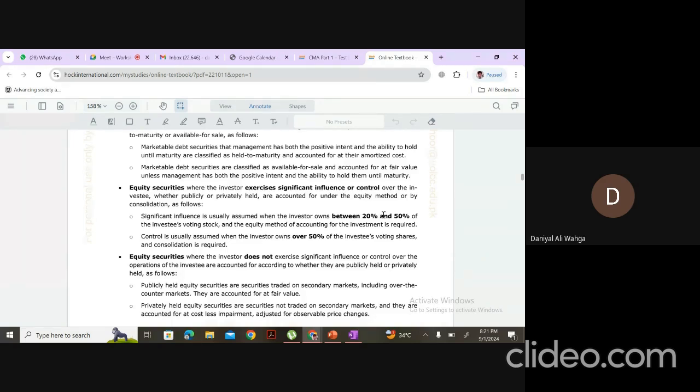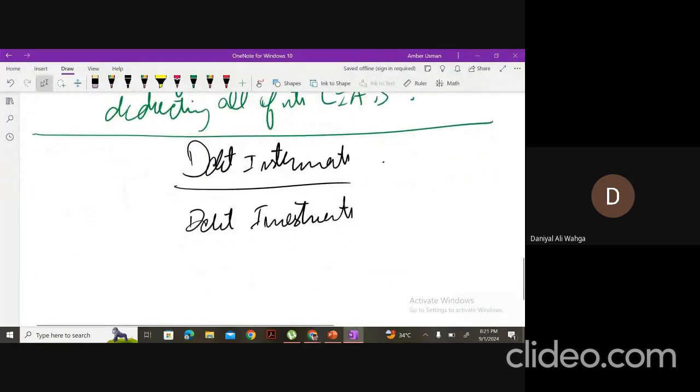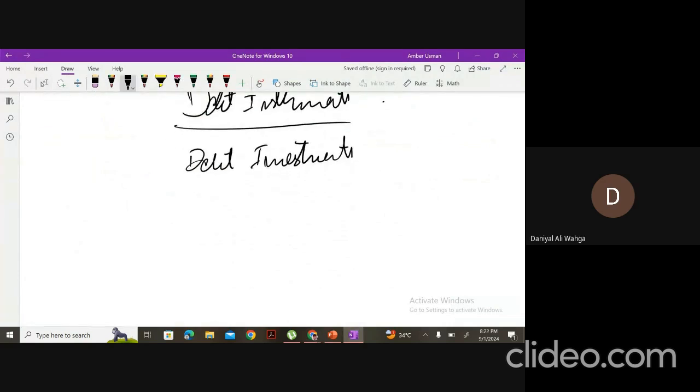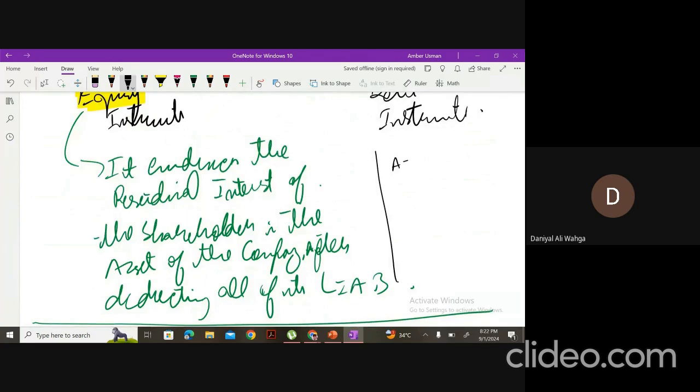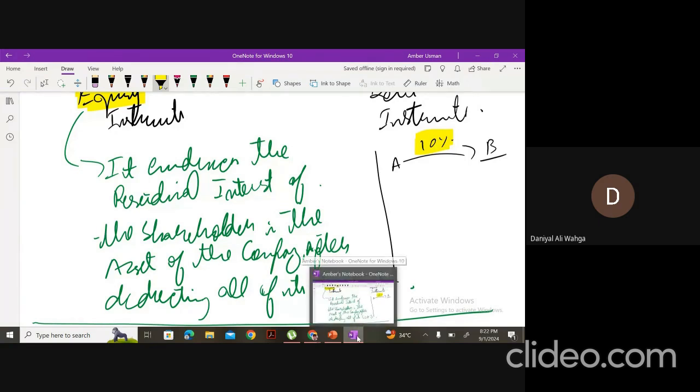For example, suppose company A has acquired 10% of the ordinary shares of company B. This 10% holding in company B does not create any significant influence by company A.